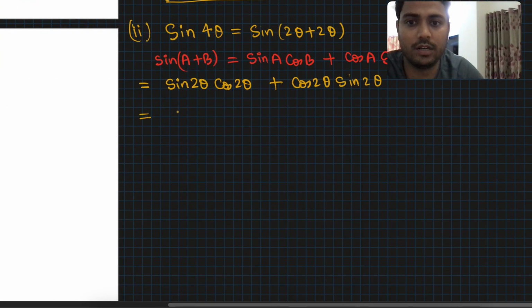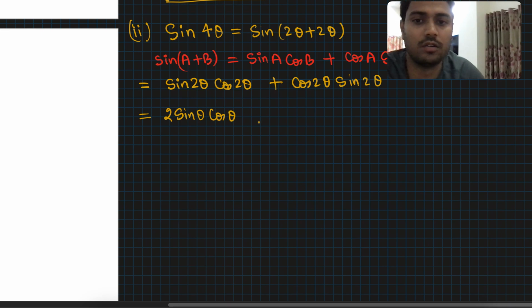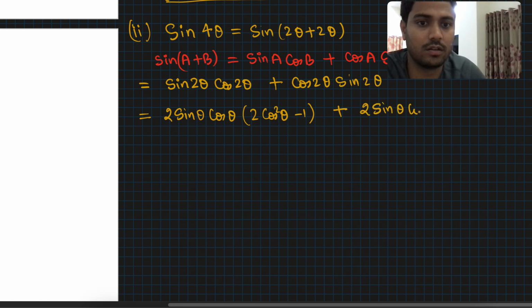So sine 2 theta can be written as simply 2 sine theta cos theta, and cos 2 theta can be written as 2 cos square theta minus 1. Same for this, plus sine 2 theta can be written as 2 sine theta cos theta, and cos 2 theta can be written as 2 cos square theta minus 1.